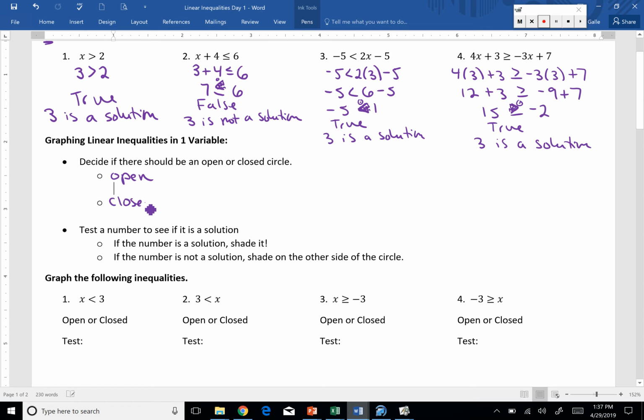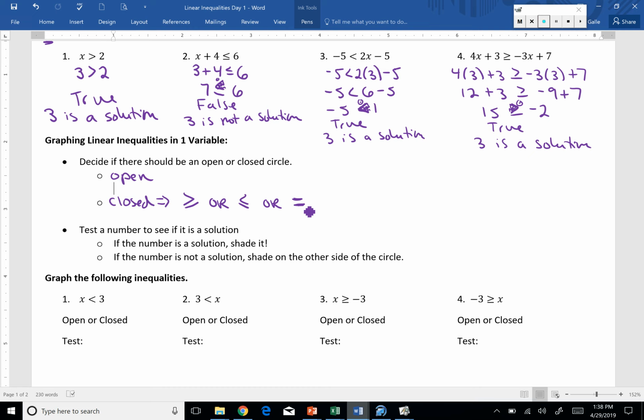All right, so I heard closed circle means there's an equal to. So it could be a greater than or equal to, or a less than or equal to. Or, I know you guys really don't graph often if it's just an equal to, but if we just had an equal sign, that would be a closed circle too. If we had x equals 3, we would just put a closed circle on 3.